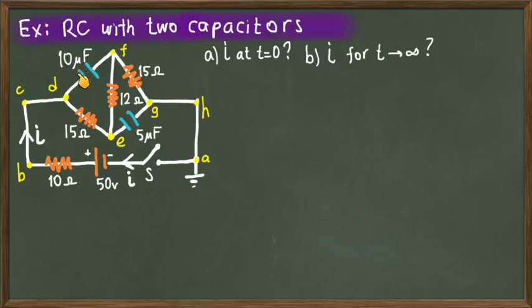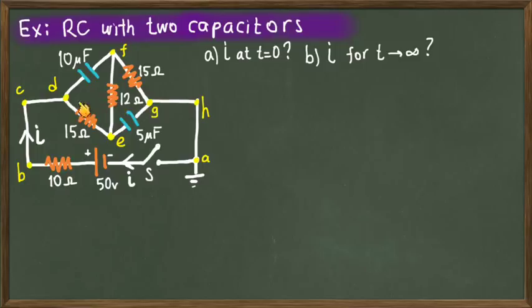Since this potential difference increases, the current will decrease. After waiting for long enough time, these capacitors will act like open circuits. There will be no current flowing through the capacitors when they are fully charged, and that means these branches will act like an open circuit. So there is no current flowing through these branches.